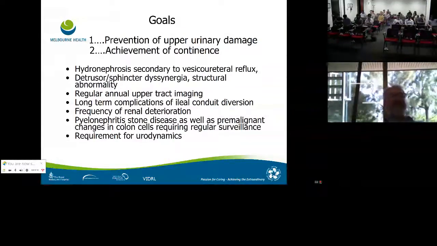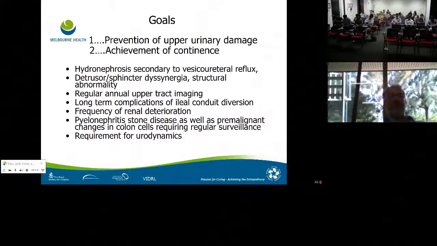There is a need generally, although this is somewhat questionable, for upper tract imaging to look for early signs of hydronephrosis, to alert you and to make sure that there isn't further upper tract damage being done.